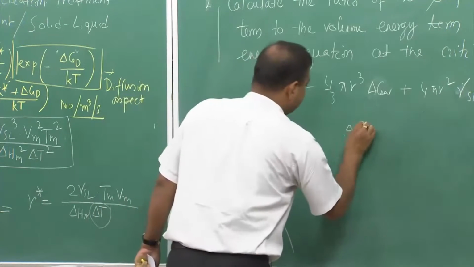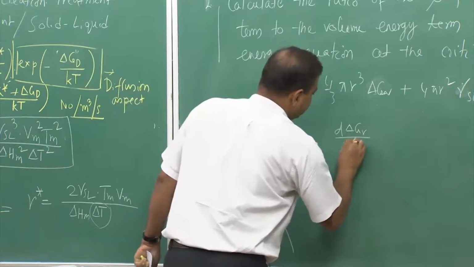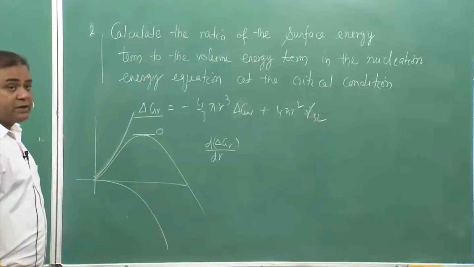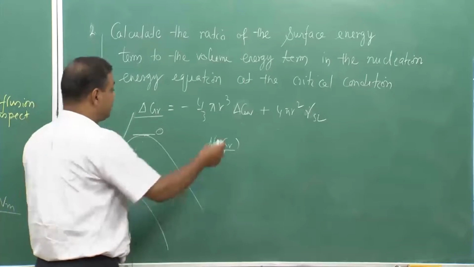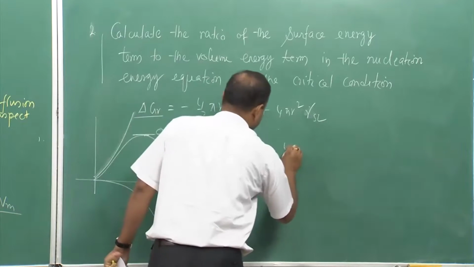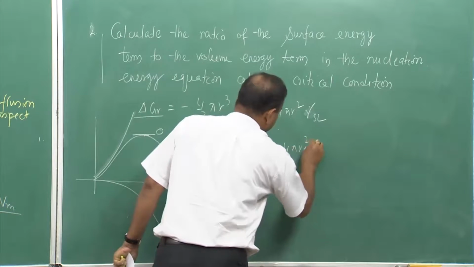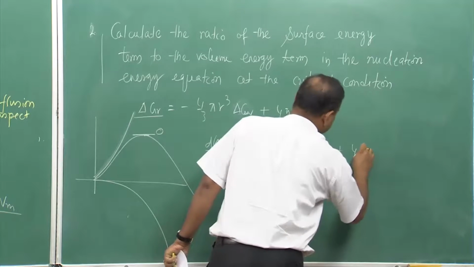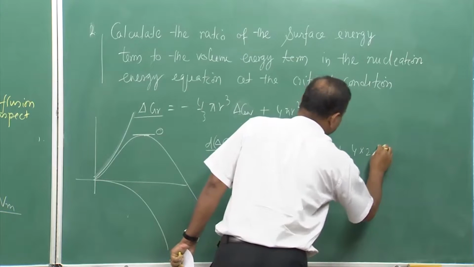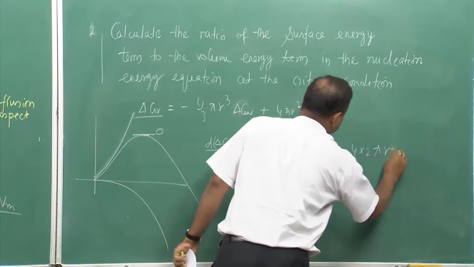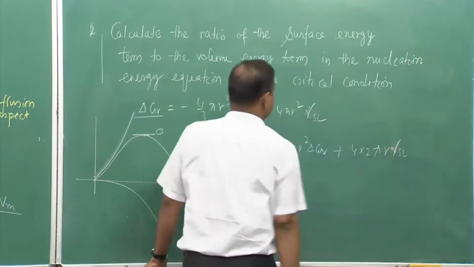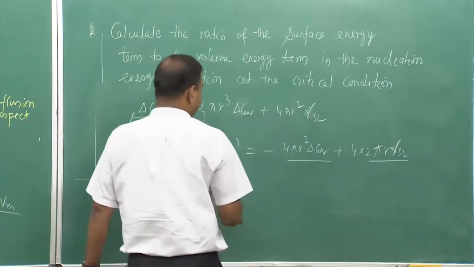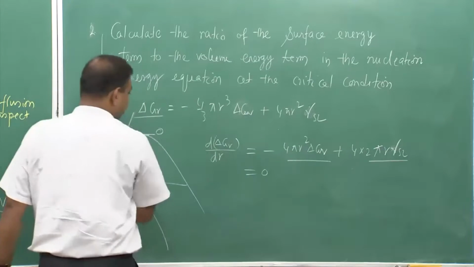So, d delta G R by dR is basically my critical condition, the critical nucleation condition, which would be minus 4 pi R square delta G V plus 4 into 2 pi R gamma SL. In this case, this becomes 0, the slope becomes 0.